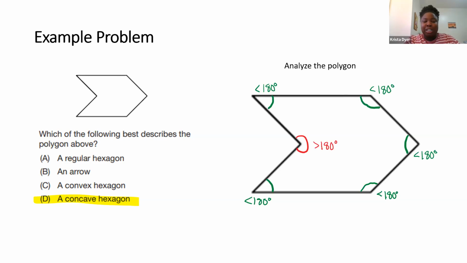So our last 2 choices are convex or concave. So based off our definitions, if we have one angle that's greater than 180, we're going to have a concave polygon. So if we analyze the angles in the shape, we see the one red angle that's greater than 180 degrees. So that lets us know that this is a concave hexagon. Answer choice D.